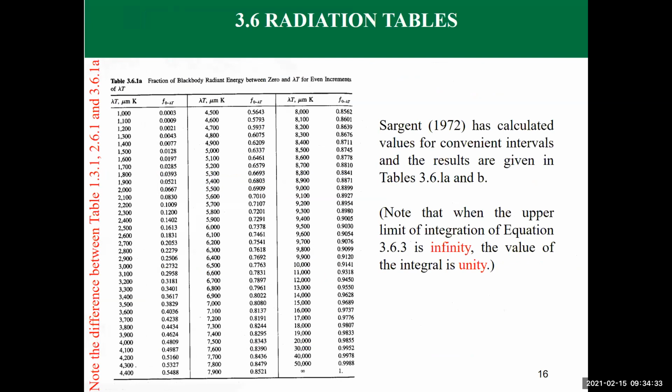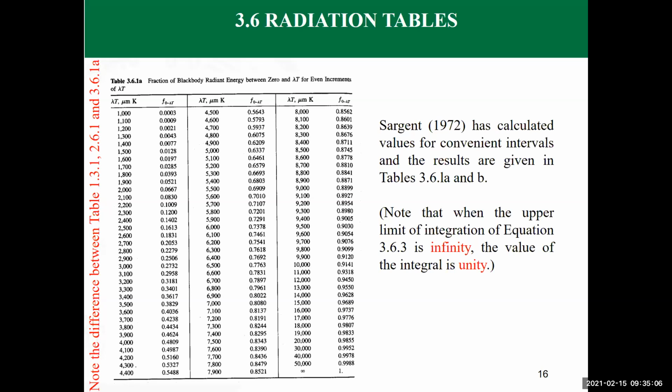You have seen this in radiation heat transfer courses before, for example, in the examples about how much is the fraction of the energy coming from the sun which is falling in the visible light. The visible light is given as lambda going from 0.38 to 0.78 micrometer, and what you need to do is to consult this table to get this value.